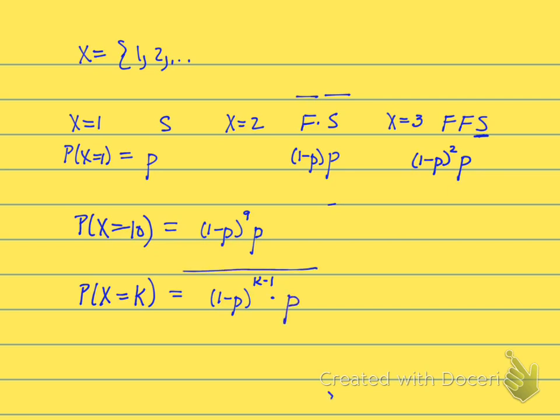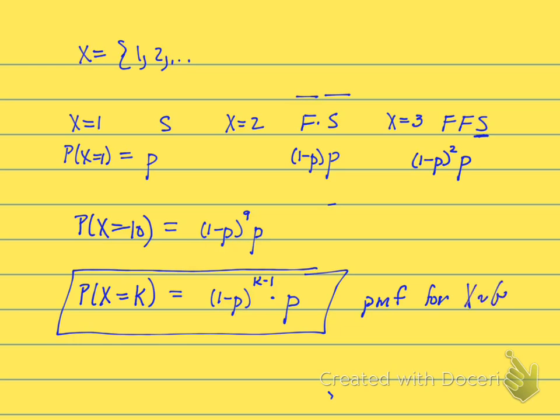All right, this is the probability mass function, the PMF, for a geometric random variable whose probability of success is p.